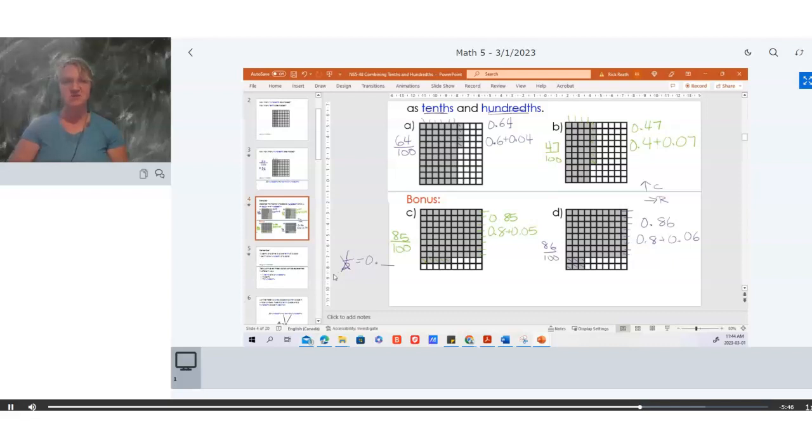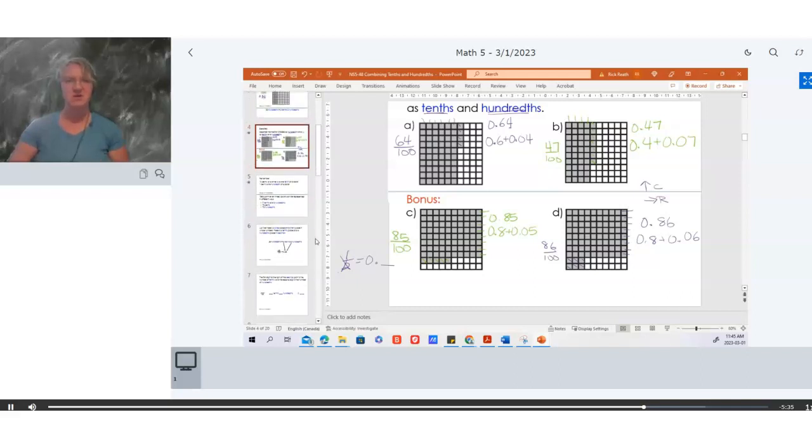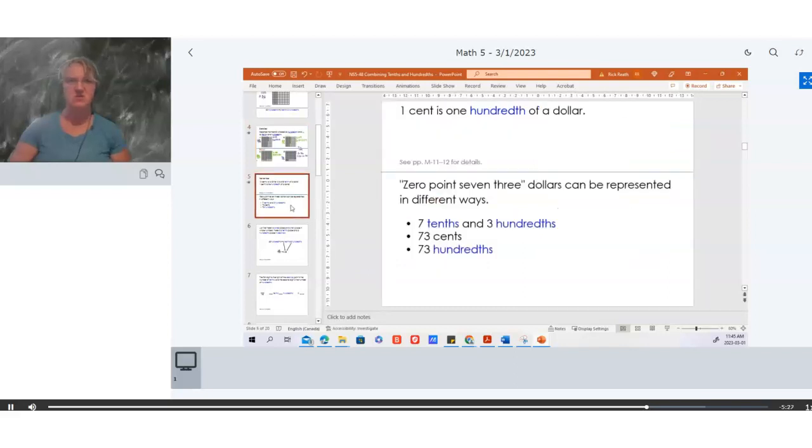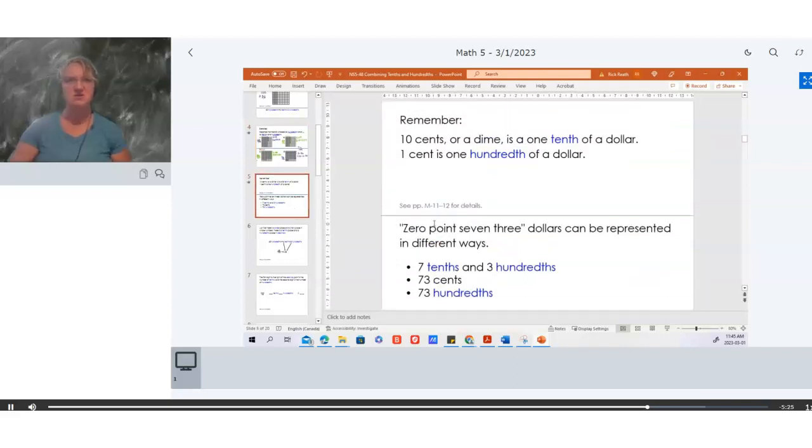And that's what we're focusing on when we talk about decimals in grades 5 and 6. When you get into higher grades, it'll be a little more confusing because you'll be working with different fractions, but don't worry about that yet. Just focus on the tenths and hundredths.